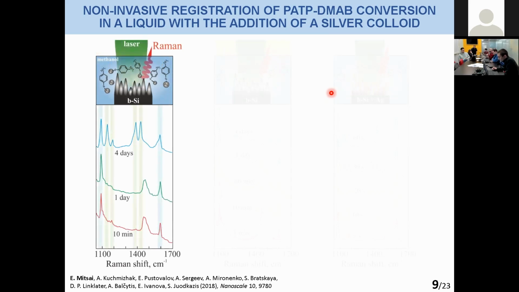Raman measurements carried out on this system demonstrated that only after 4 days of sunlight exposure DMAB bands appear in the Raman spectrum.